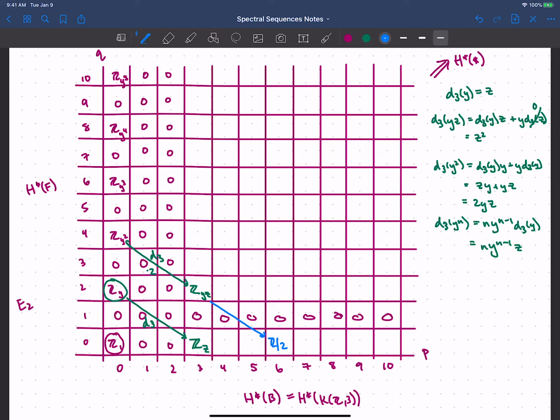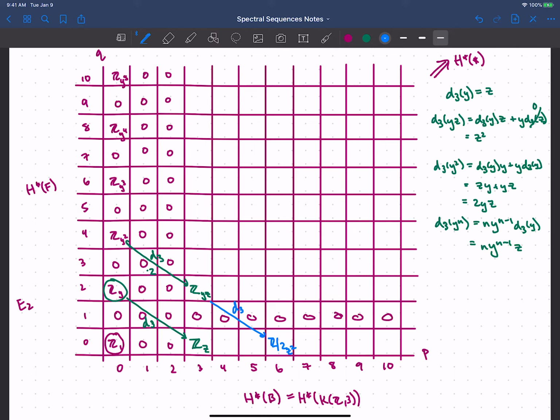And that's again going to be a D3. And that Z mod 2, we actually already know that it should be generated by z squared, because we know that D3 of yz is supposed to hit z squared. So it turns out z squared is not 0.